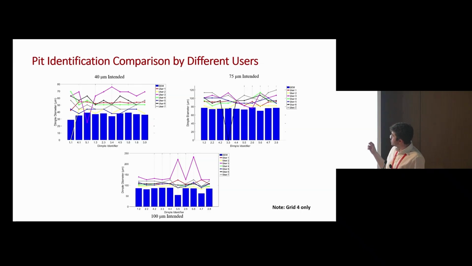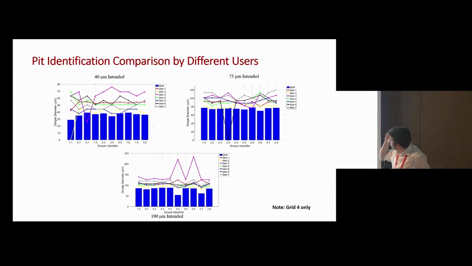The blue bars are those holes measured under the SEM as a comparison, because I felt I needed something which I've determined is the real answer. There are some questions there, but the SEM is the best to have for the moment. You can see there are 7 different users, and different sizes of holes: the 40 micron, 75 micron, and the 100 micron at the bottom.